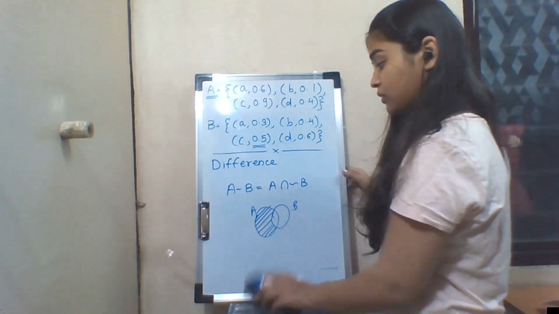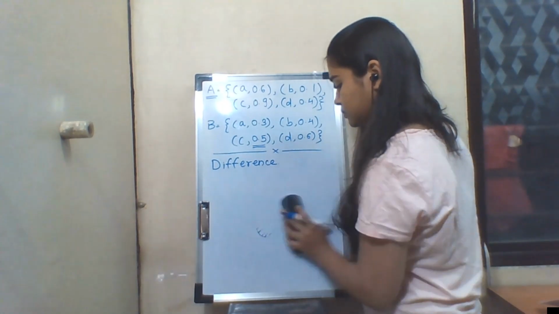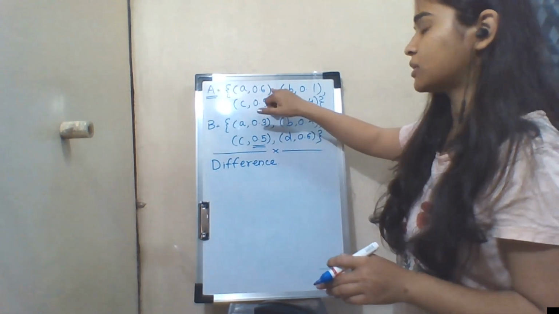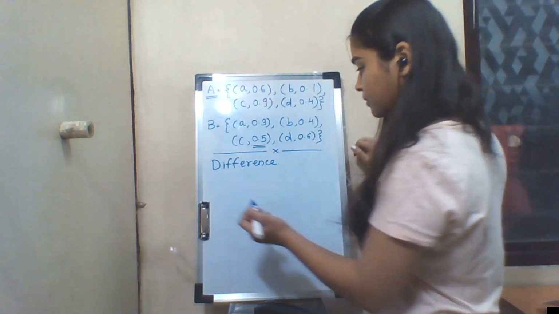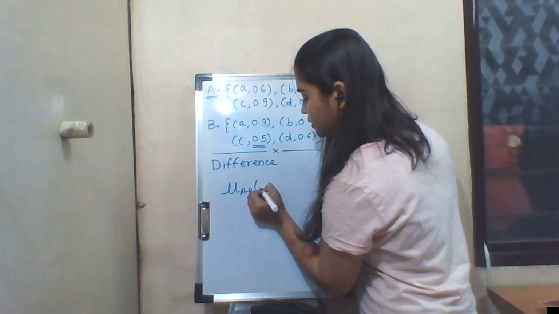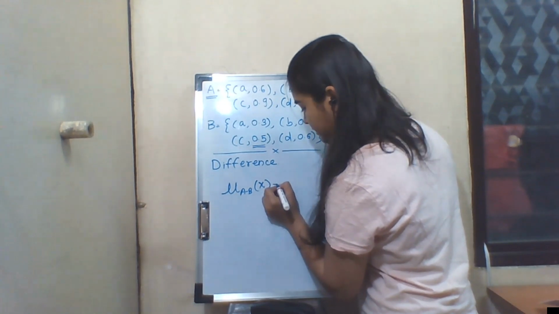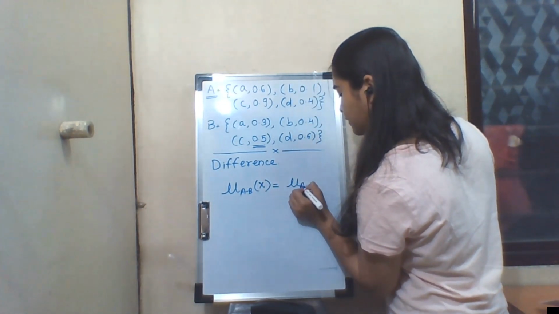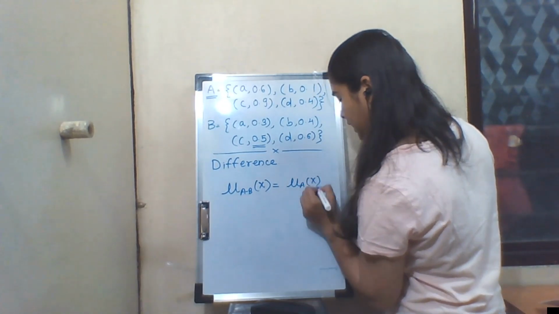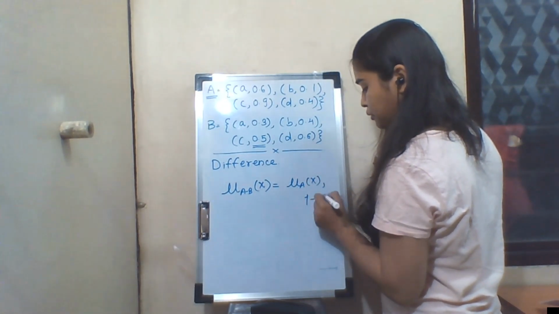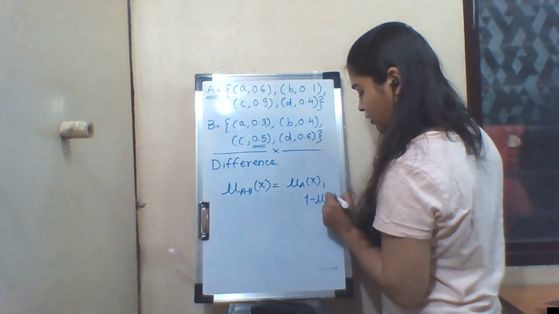Now let's talk about fuzzy sets. Again, we have to operate on the example given above. Mu of A minus B of x equals mu of A of x, comma 1 minus mu of B of x.